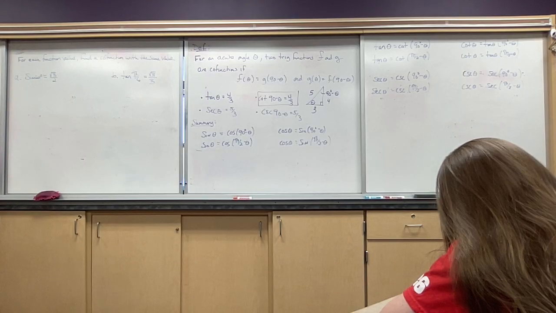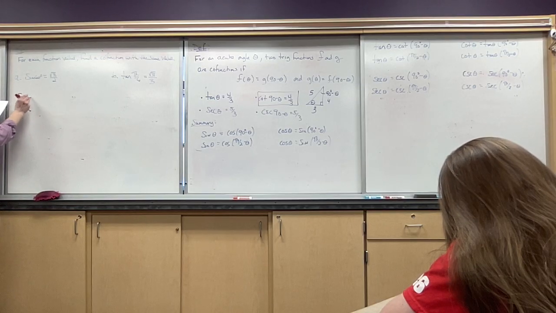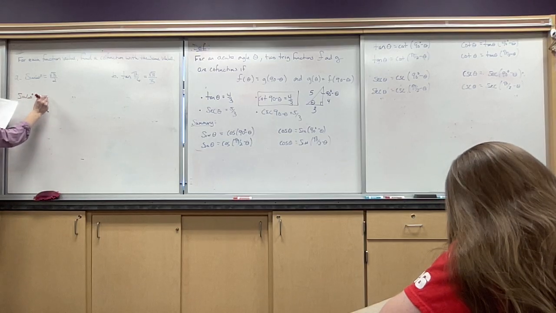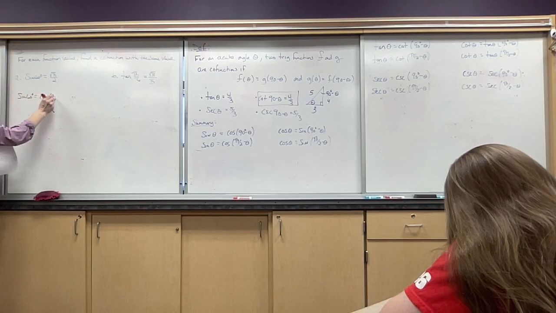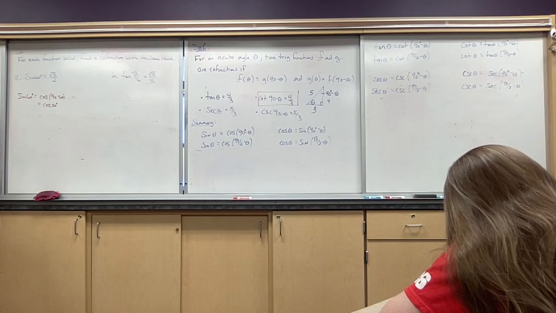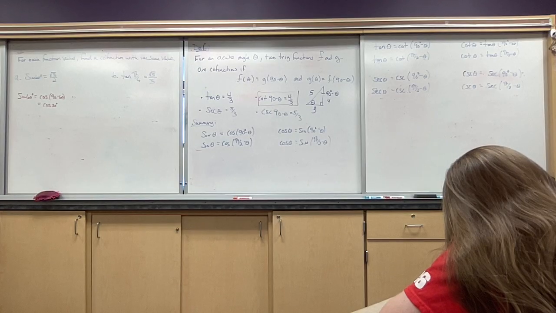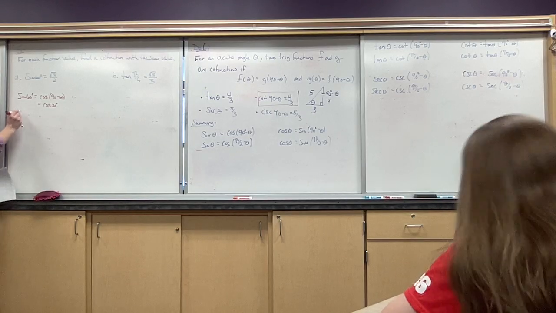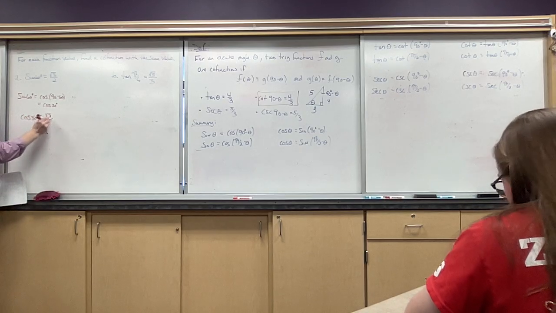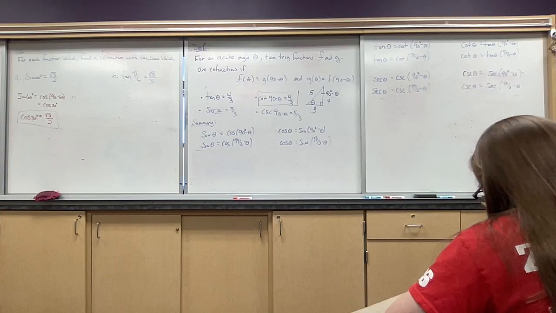And absolutely. So let's think about this. I know that sine of 60 degrees, using the cofunction identity over there, is the same thing as cosine, and it would be 90 minus 60, would be cosine of 30 degrees. So cosine of 30 degrees is the same thing as sine of 60 degrees. So I can rewrite this as cosine of 30 degrees is equal to square root of 3 over 2. There it is. Simple as that.